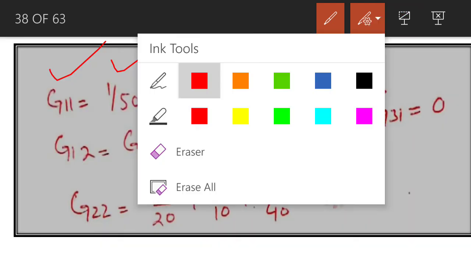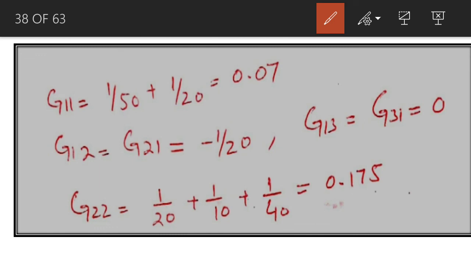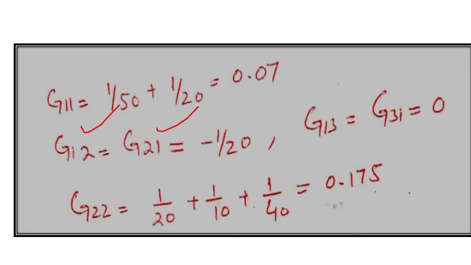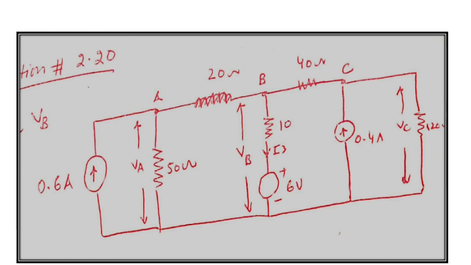For G12 and G21, we consider the resistor which has been connected to the first as well as second node. So let us consider the circuit diagram.